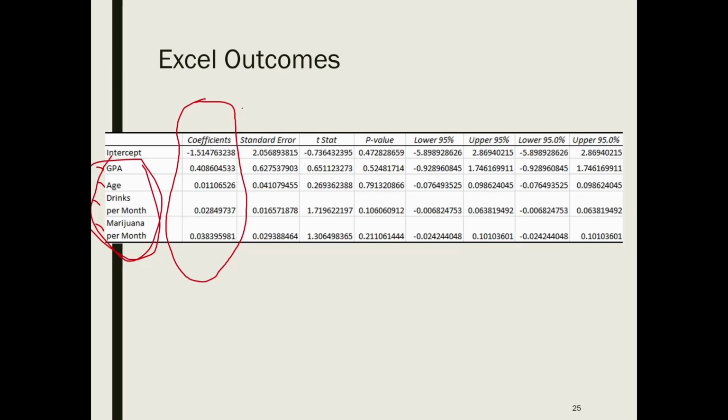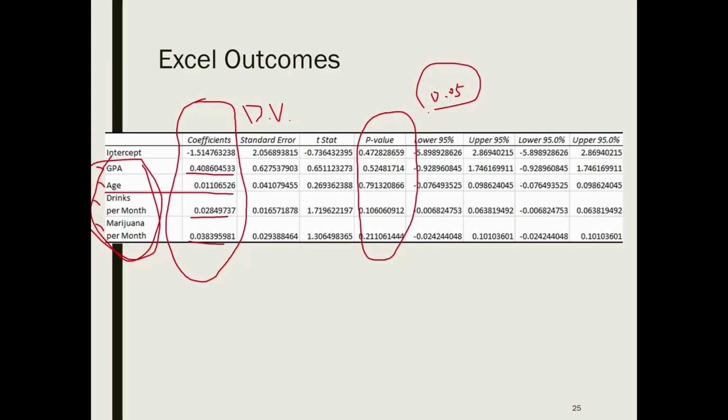Whatever the dependent variable is, I don't really care. But as you can see, GPA is positive, age is positive, drinks per month is positive, and marijuana use is positive. But this doesn't mean they all have a positive impact on the dependent variable, right? What we do is look at the p-value, which is usually set at 0.05.